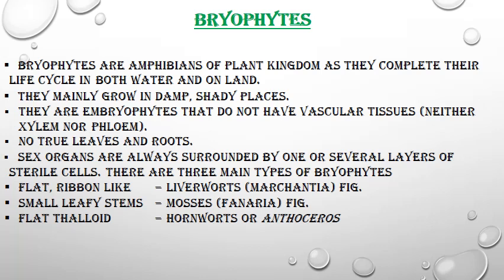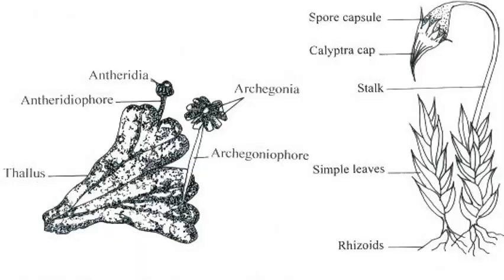There are three main types of bryophytes: flat, ribbon-like liverworts like Marchantia, small leafy mosses like Funaria, and flat thalloid Anthoceros or hornworts. This is the structure of Marchantia and Funaria. Left one is Marchantia and right one is Funaria.